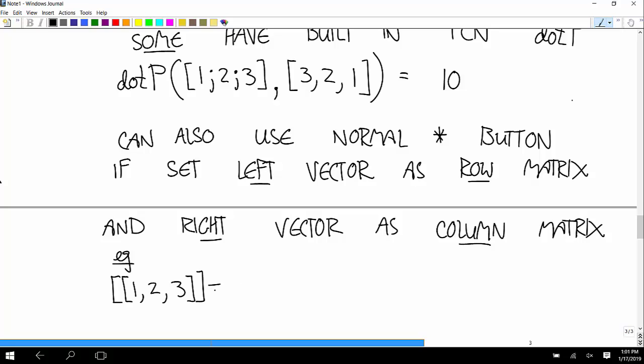And then you'd multiply this by 3, 2, 1, and that would give you 10. If you like that, you can do it. If you don't, it's easy to find something else that works better.